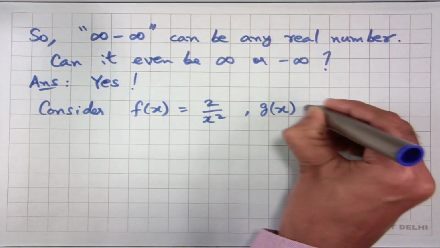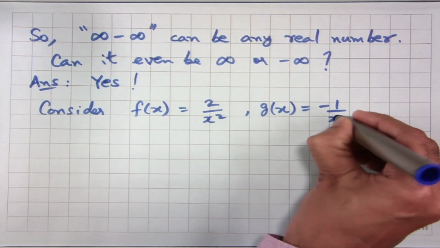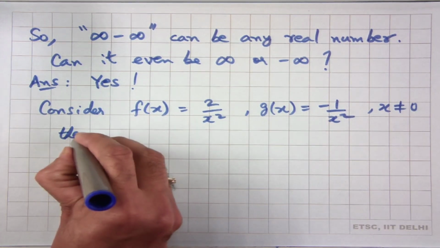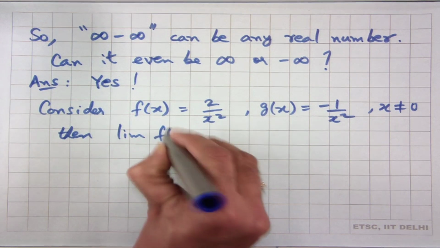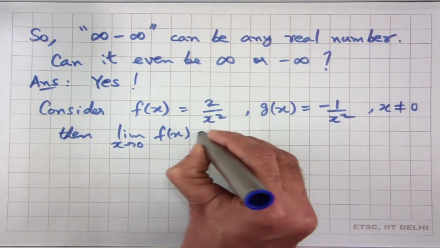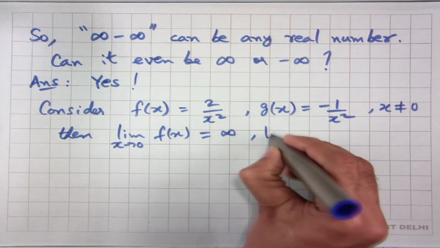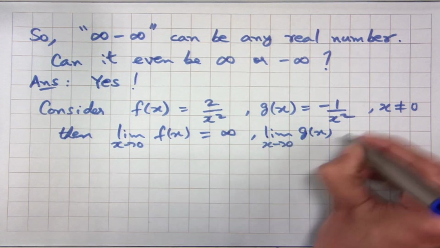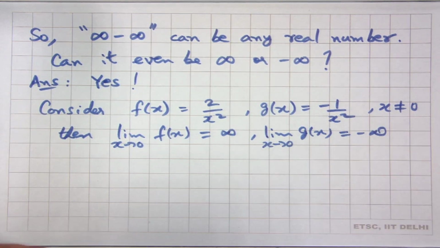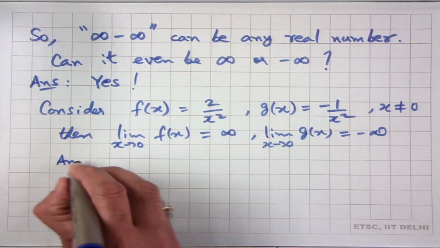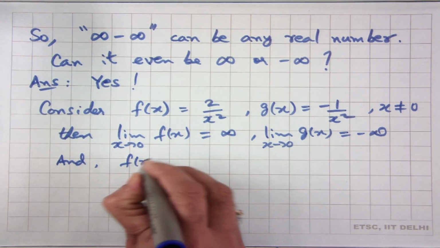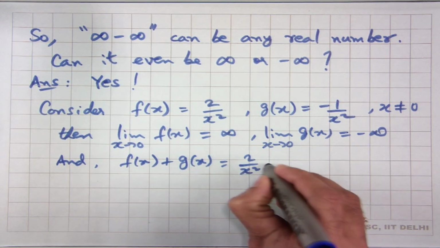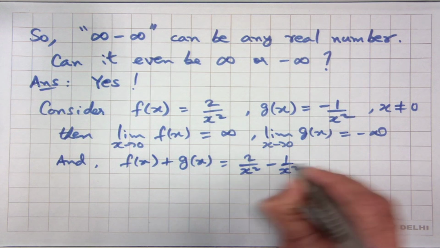to minus 1 by x square, then the limit of f(x) at 0 is infinity, the limit of g(x) is equal to minus infinity, and f(x) plus g(x) is 2 by x square plus minus 1 by x square, which is 1 by x square.